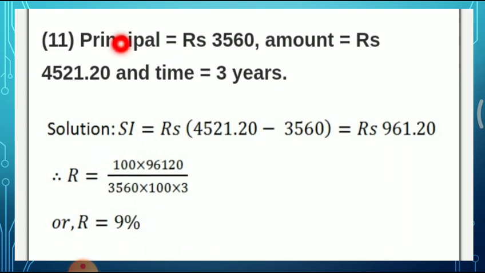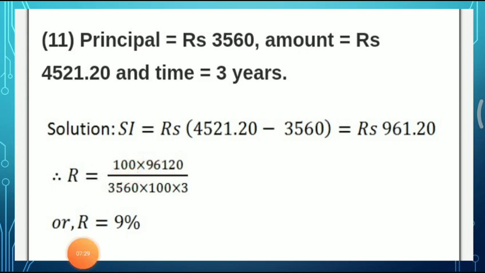Next question: principal 3560, amount 4521 rupees 20 paise, and time 3 years. Then you write SI is equal to A minus P. So 4521.20 minus 3560, answer is 961.20.